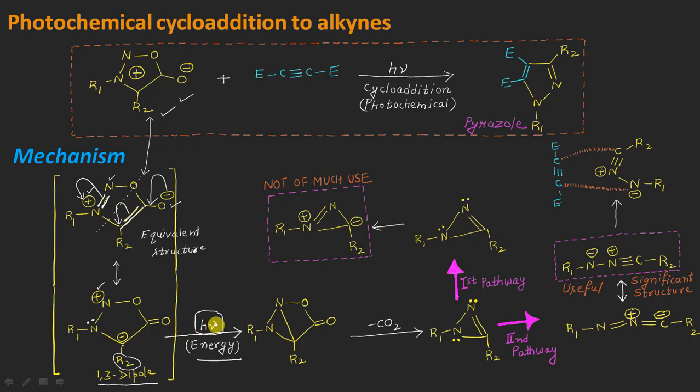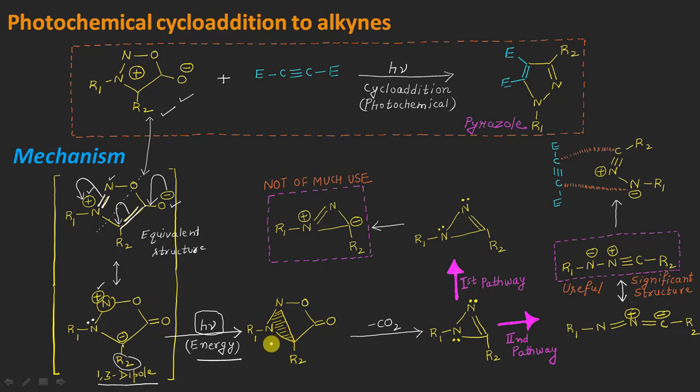For example, in this case, you can see here that this nitrogen here is having this positive charge, and this carbon atom here is having a negative charge. So although the opposite charges attract each other and may result in the formation of a bond, in this case the bond formation will lead to a three-membered cyclic structure here, which we all know is quite unstable, right?